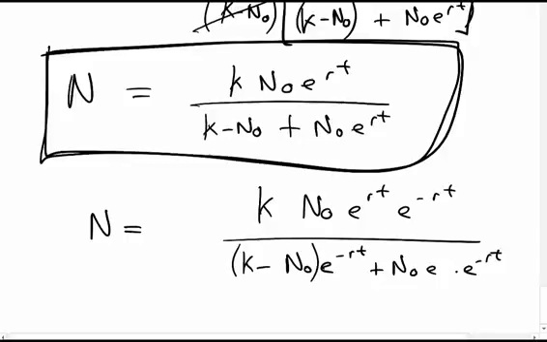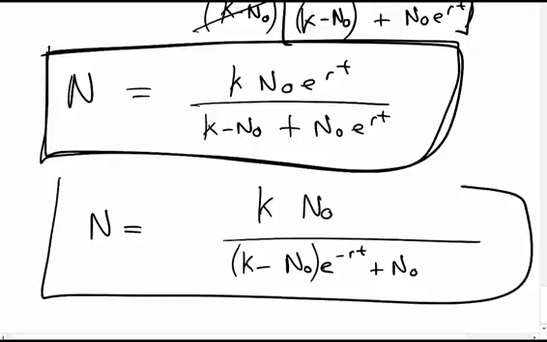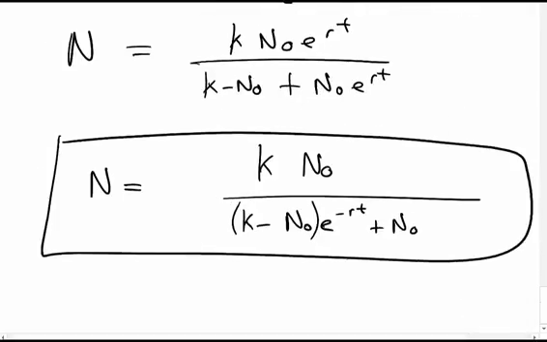Those two things cancel, and therefore I've written it in a slightly neater way. So that's my final solution, and I'm going to leave it well alone. That is my final solution to the logistic equation.